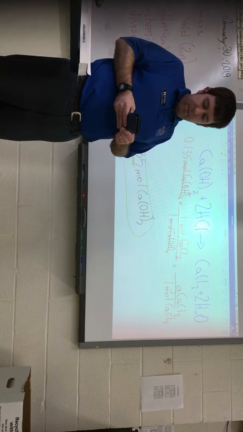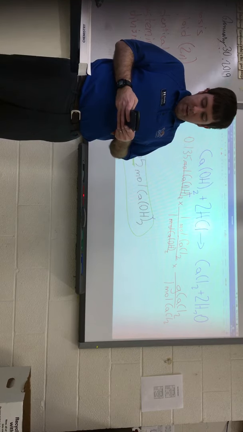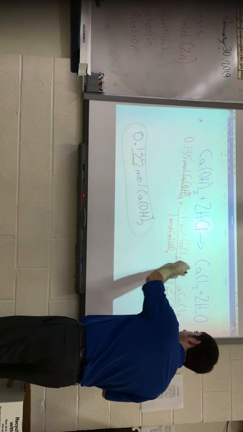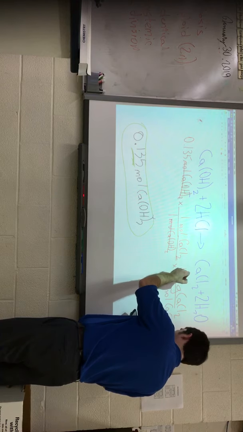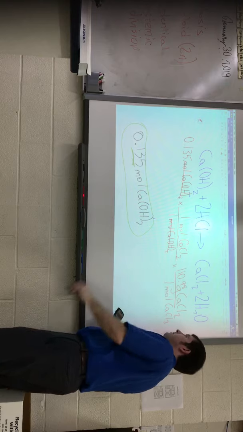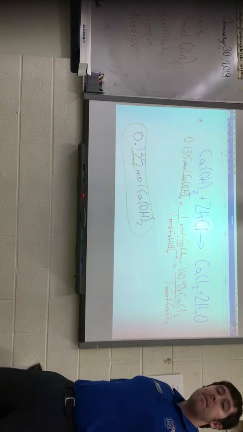And there's 2 of those, so it would be plus 70.9. Type that all together, we end up with a nice, lovely number of about 110.98 grams. Cancels with that. Now we have a math problem.